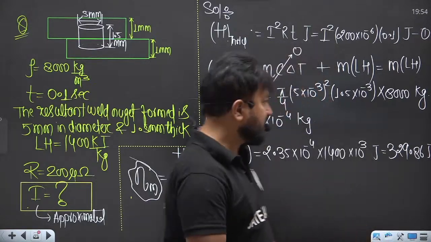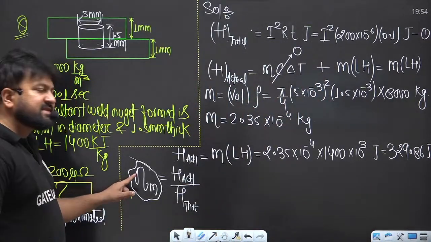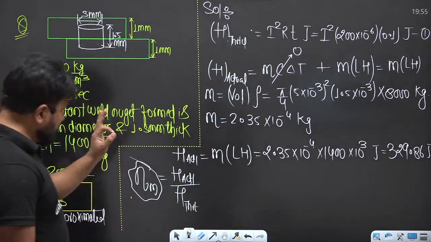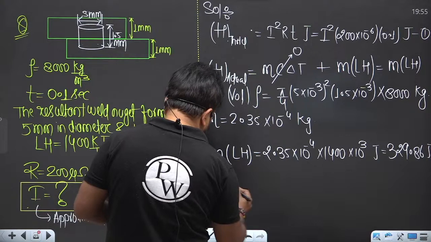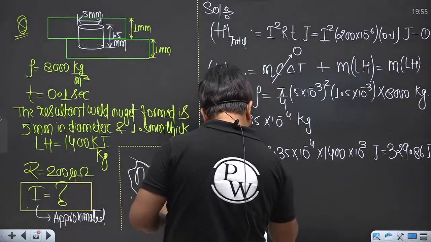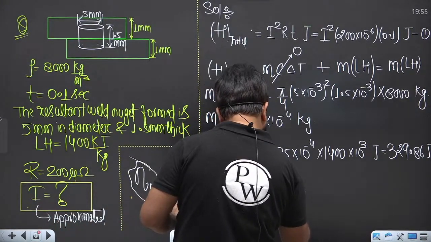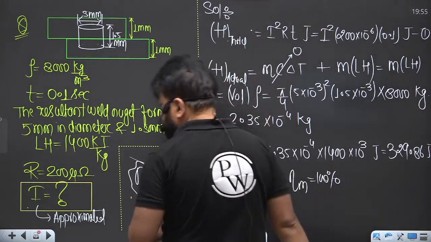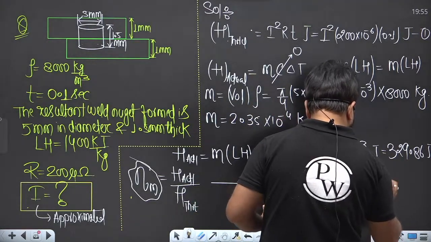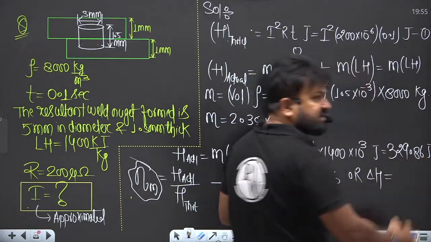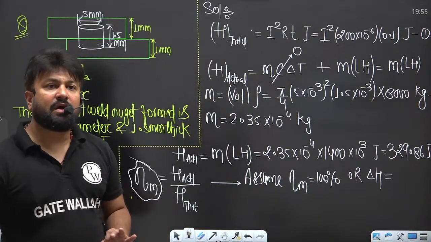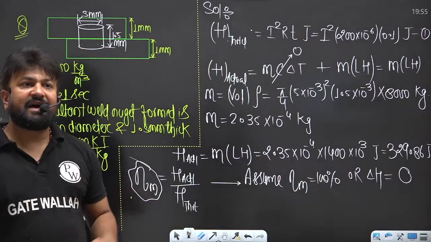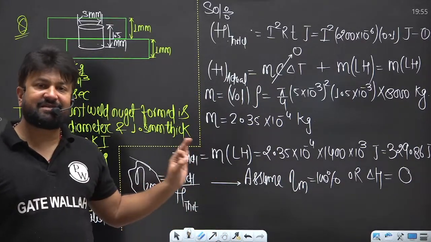It's fine. Okay. So this thing is not given, and we need the approximated current. So what we do is assume that the melting efficiency is 100%, that is, the loss in heat is zero.